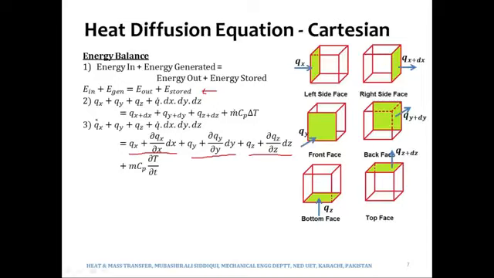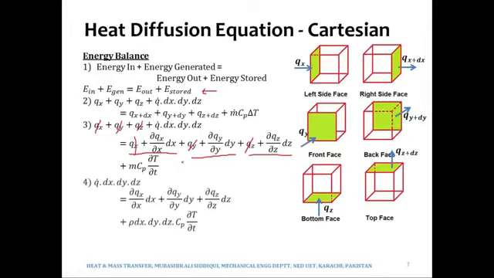What will happen then is that the Qx will get cancelled out, the Qy will also get cancelled out, and Qz will also get cancelled out. So on the left hand side we will be left with Q dot times the volume, and on the right hand side we will be left with ∂Q/∂x times dx plus ∂Q/∂y times dy plus ∂Q/∂z times dz.